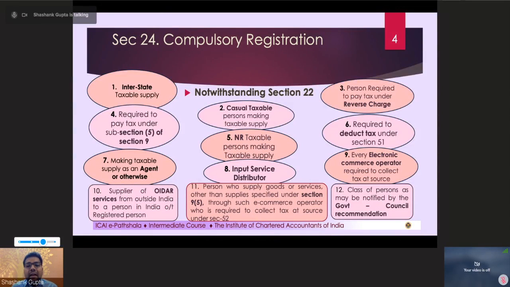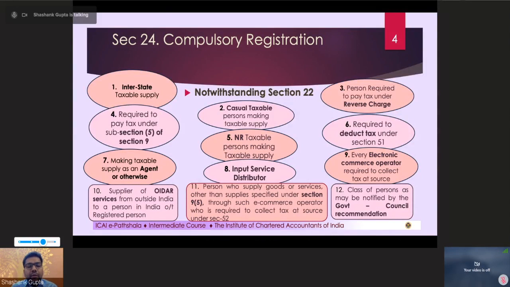Then, person liable to pay tax under reverse charge, that is, Section 9 subsection 3 or Section 9 subsection 4. So, any person who gets covered under Section 9 subsection 3 is again compulsorily liable to obtain registration.